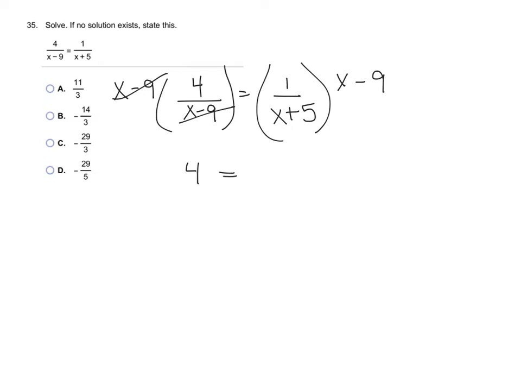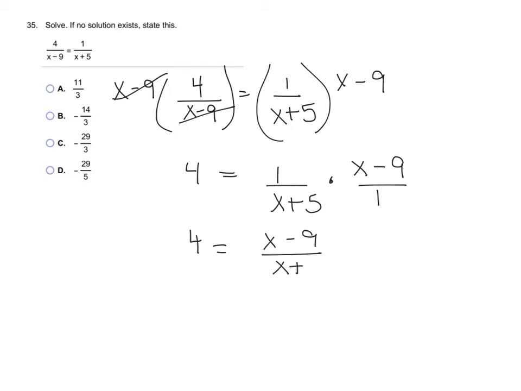Now on the right side, I have 1 over x plus 5 times x minus 9. To multiply, I'm just going to multiply the top factors together and the bottom factors together. So I'm left with 4 equals an x minus 9 over x plus 5.